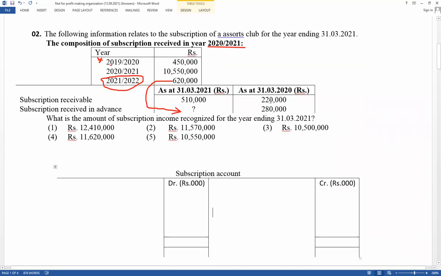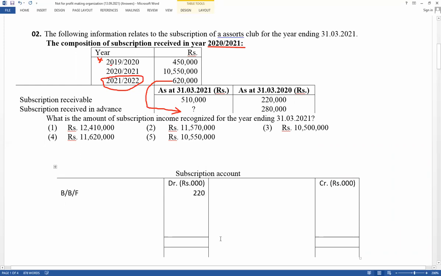Right. It has given subscription receivable opening balance, debit side 220. Assets, therefore, should be recorded debit side as a balance brought forward. Value equal 220. And closing balance also given 510,000.